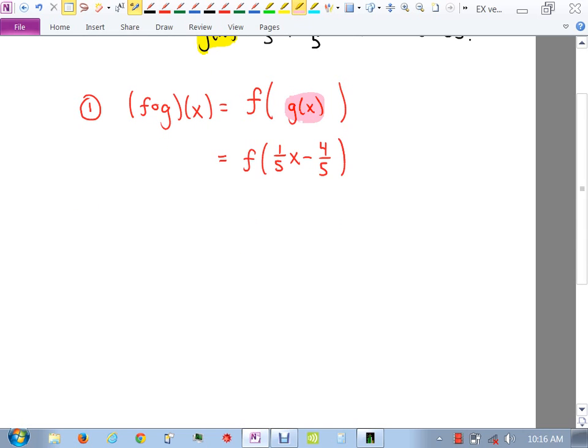I'm just replacing g with what g is defined to be. Now that goes into f. What does f do to something that you give it? 5 times whatever you give it plus 4, right? That's what f does. But what are you giving it? 1/5 x minus 4/5.